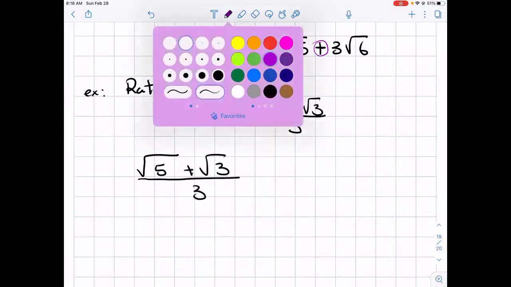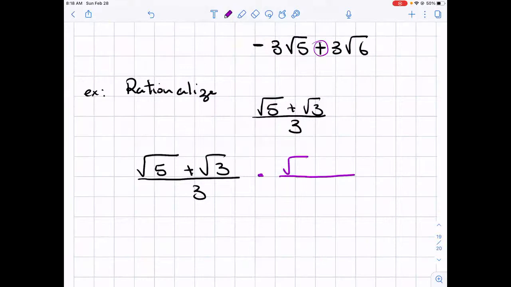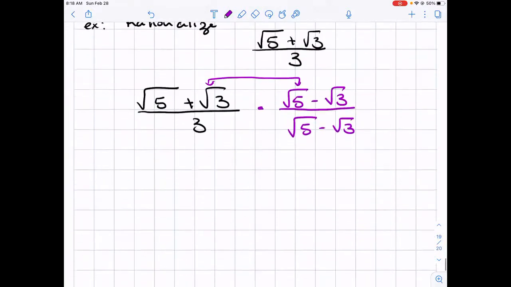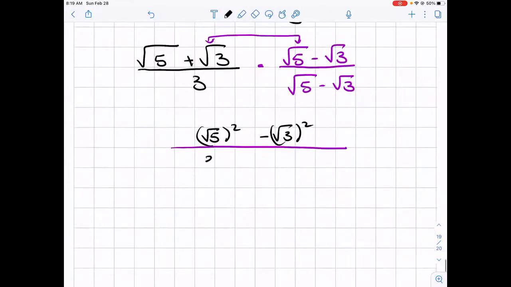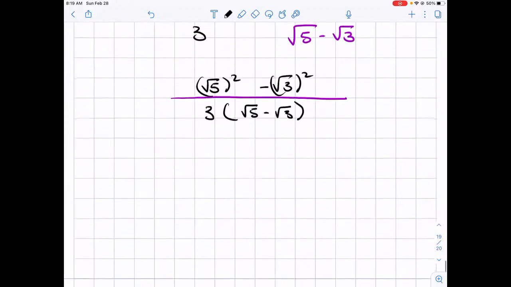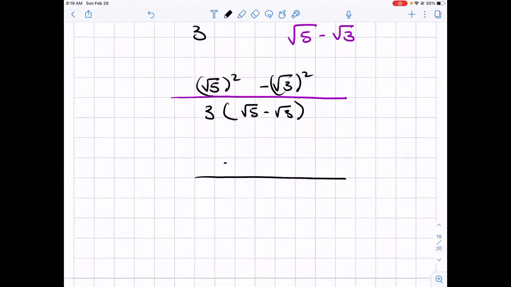So the conjugate here would be square root of 5 minus square root of 3, top and bottom. Now notice that this is difference of squares in the numerator because we're rationalizing the numerator. So this becomes the square root of 5 squared minus the square root of 3 squared. And in the denominator, we have 3 times the root of 5 minus the root of 3. So in my numerator, this becomes 5 minus 3.